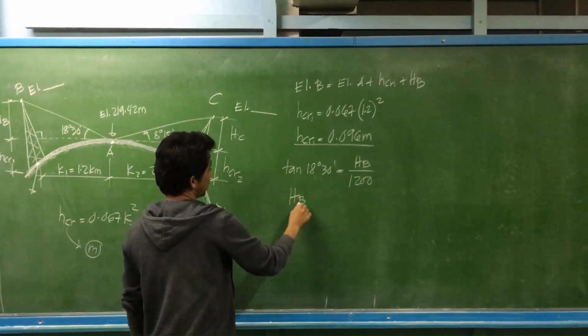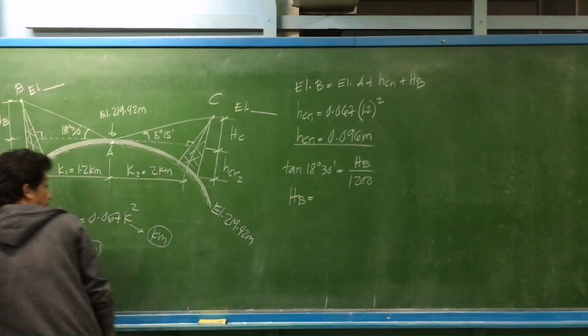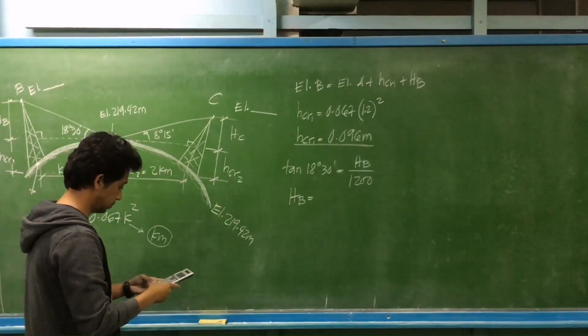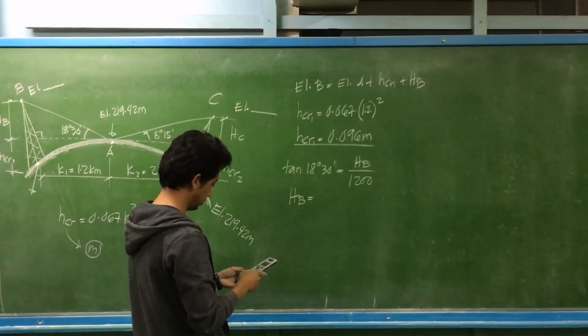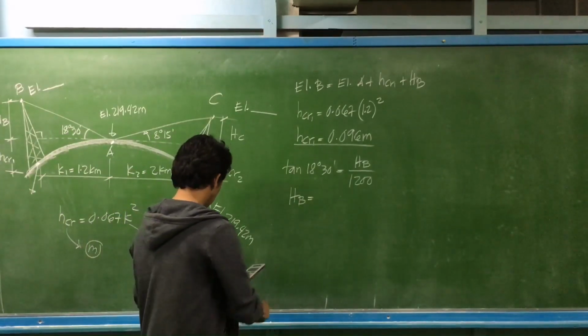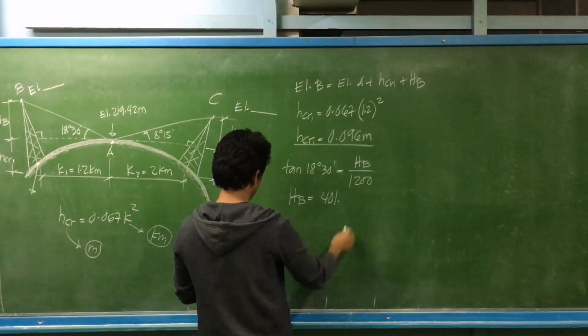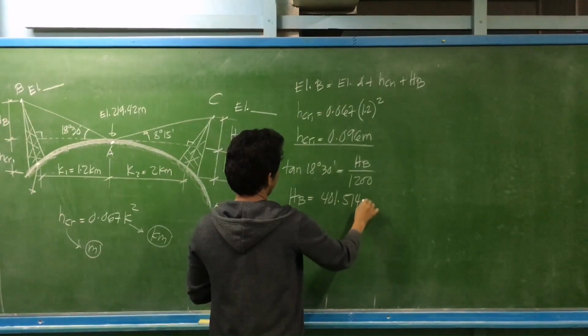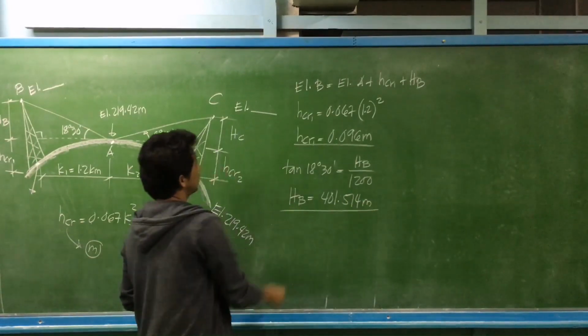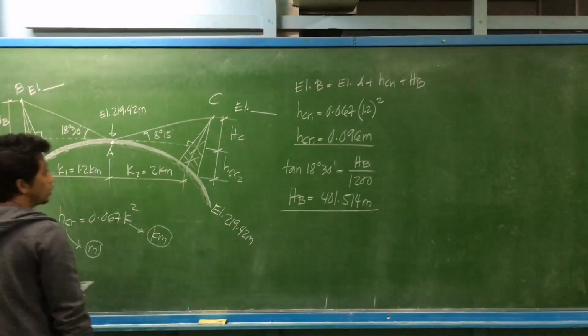So, ano yung height ni B? It is equal to 401.514 meters.